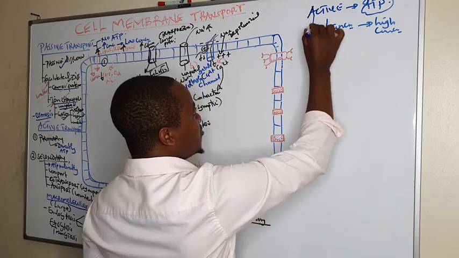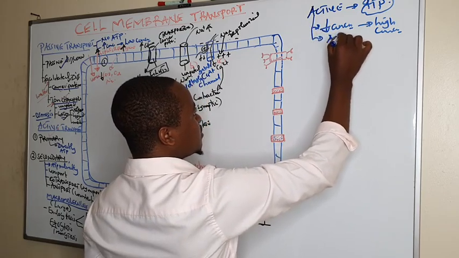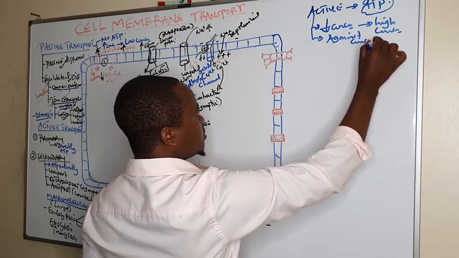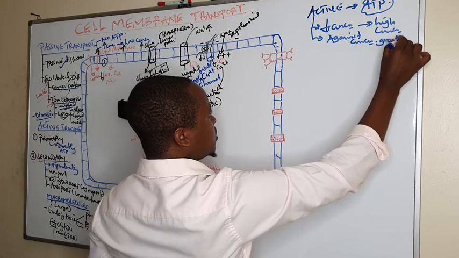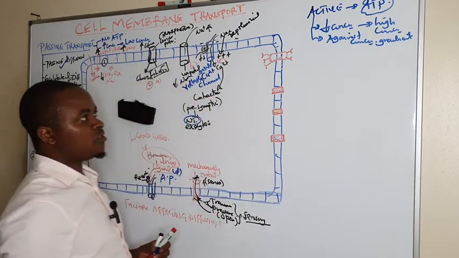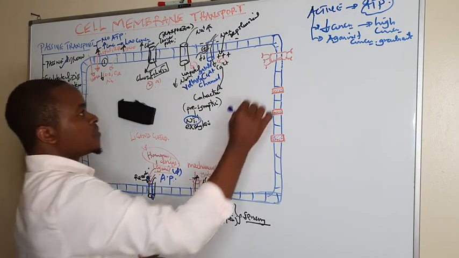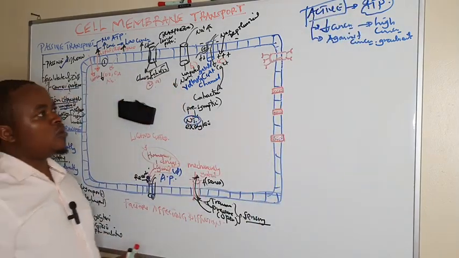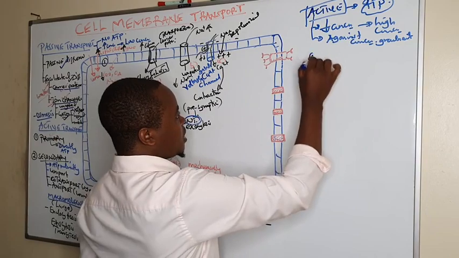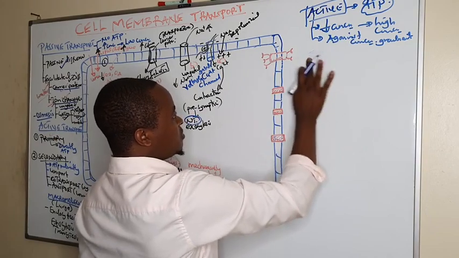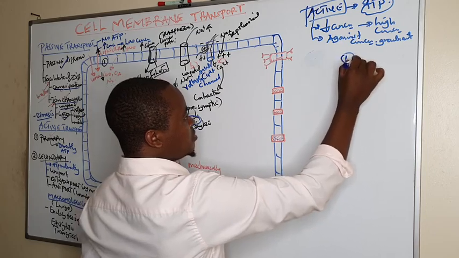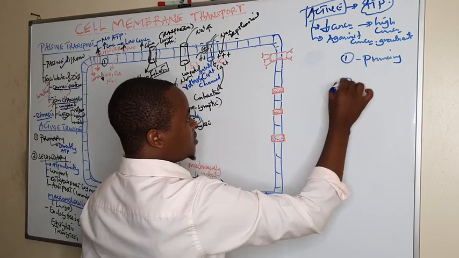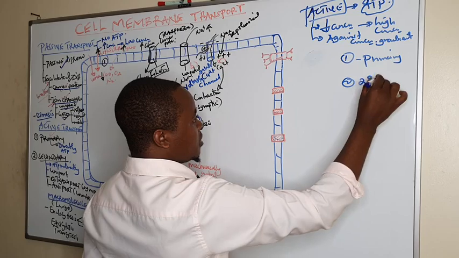So here we are moving against the concentration gradient. We saw in our opening discussion that they are divided into two, whereby these ones are categorized into primary active and secondary active.